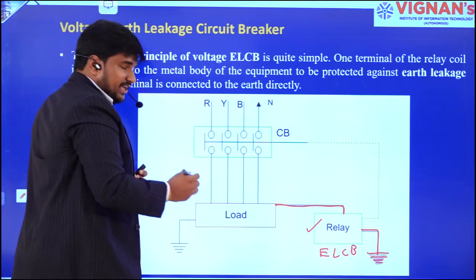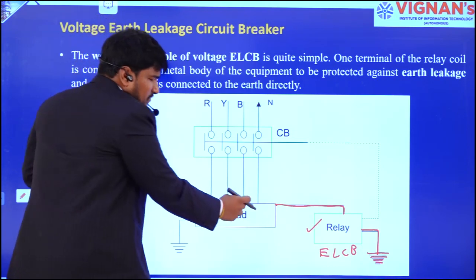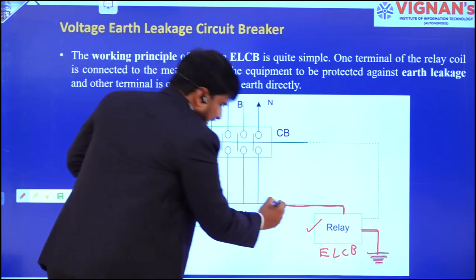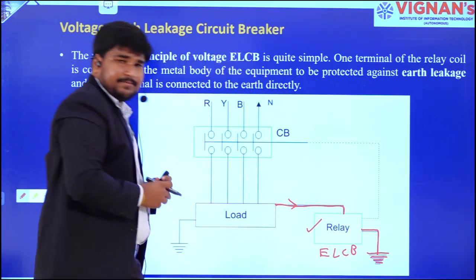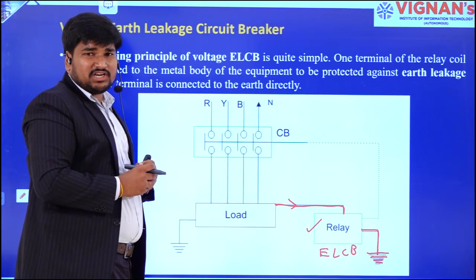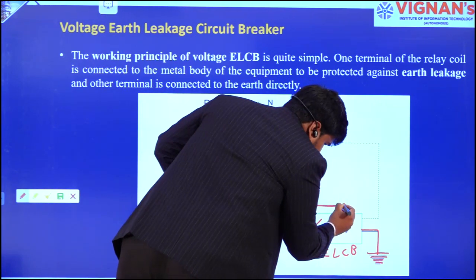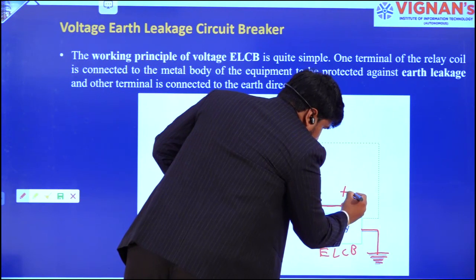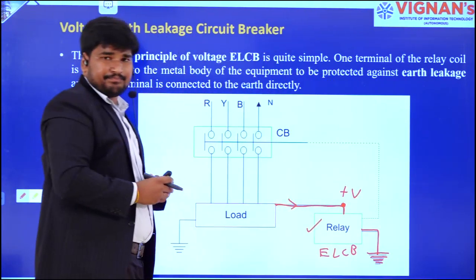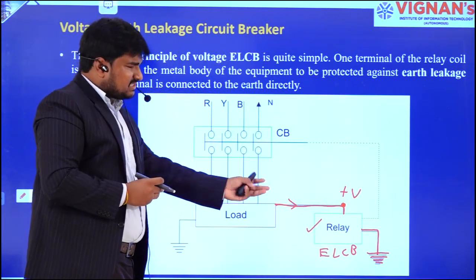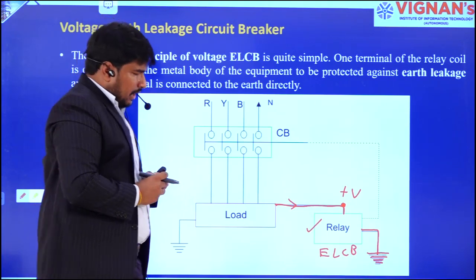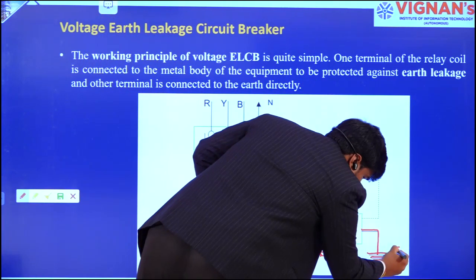For example, if the live wire touches this body, then there is a flow of current. Because of this current, there is a potential, which I will indicate as plus V. It is some X voltage, and the earth has zero voltage, right?